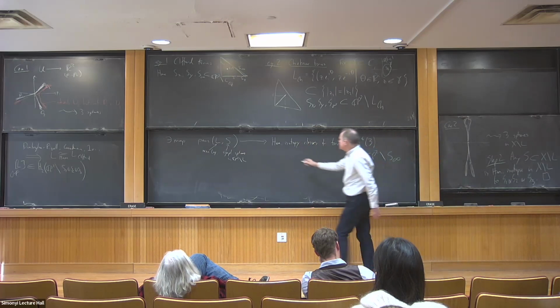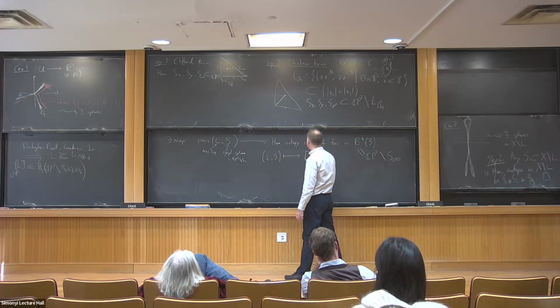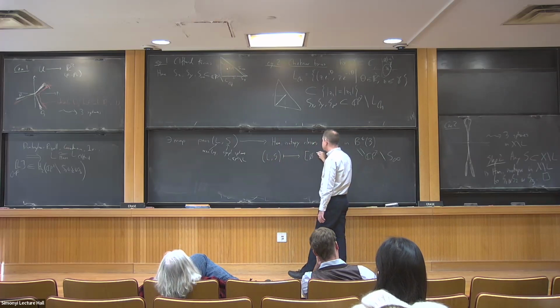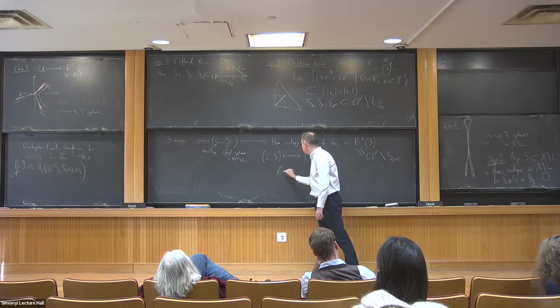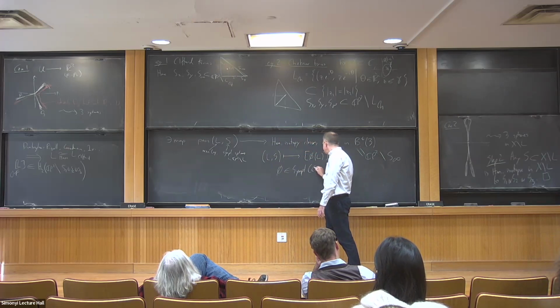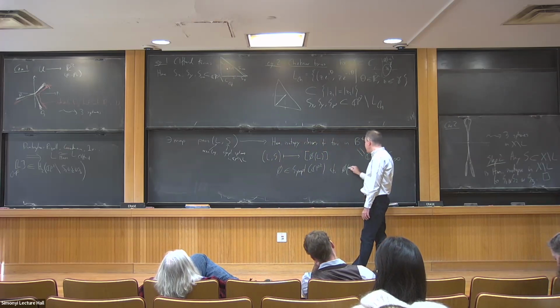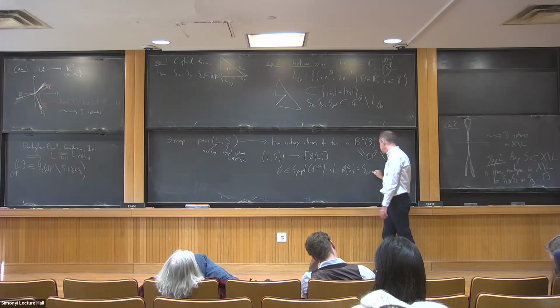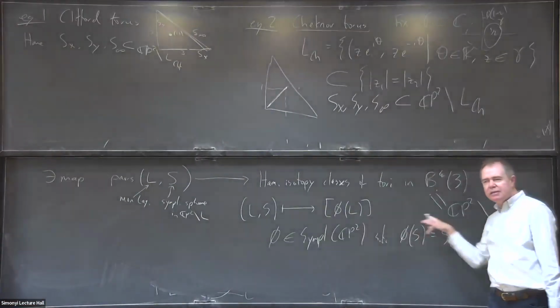All right, so the map is: the pair (L, S) maps to the Hamiltonian isotopy class of phi of L, where phi is a symplectomorphism of CP2 with the property that phi of S is S infinity. Such a symplectomorphism exists by Gromov.